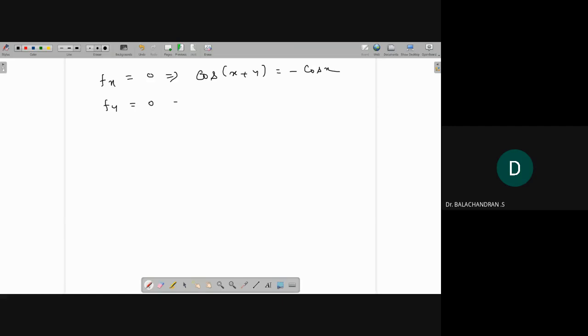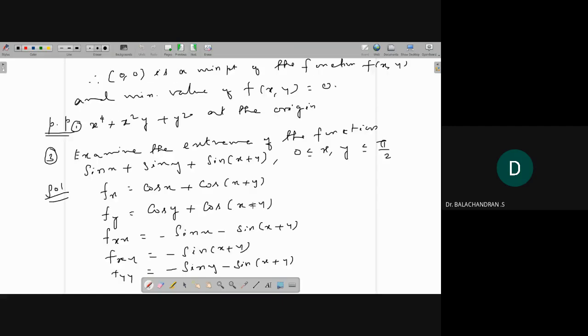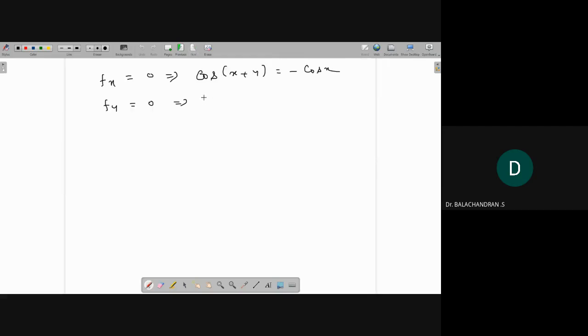Fy equal to 0 implies cos of x plus y equal to minus cos y. So the left hand side is the same, hence the right hand side is the same. So this implies minus cos x is equal to minus cos y, or cos x is equal to cos y, or x is equal to y.